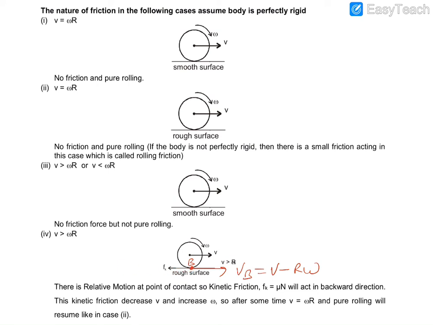But as slipping is occurring, this friction would not be static, it would be kinetic friction. And this is not a rolling friction because no rolling is occurring in this case. So there would be a kinetic friction acting in the reverse direction on this body, and as soon as this body attains the condition of pure rolling, this friction would disappear and there would be no friction acting on this body afterwards.